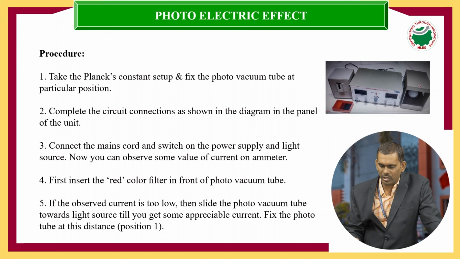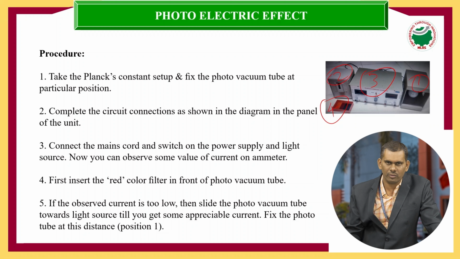Here these are the operators, as I told you, 1, 2, 3 and 4. Operator 1 is the light source, operator 2 is our photocell metal surface, operator 3 is the voltmeter and milliammeter setup, and operator 4 is our color filters. And we should also use some connecting wires to connect all these components.